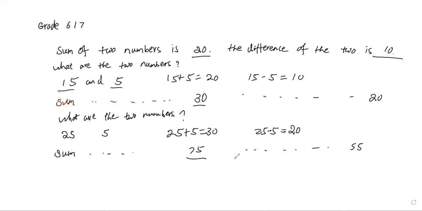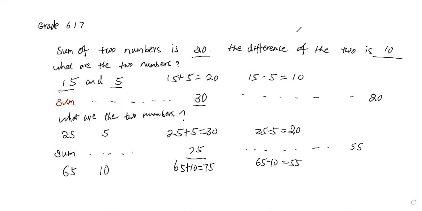Let's try 65 and 10, right? 65 plus 10 equals 75. 65 minus 10 equals 55. So I did figure it out.